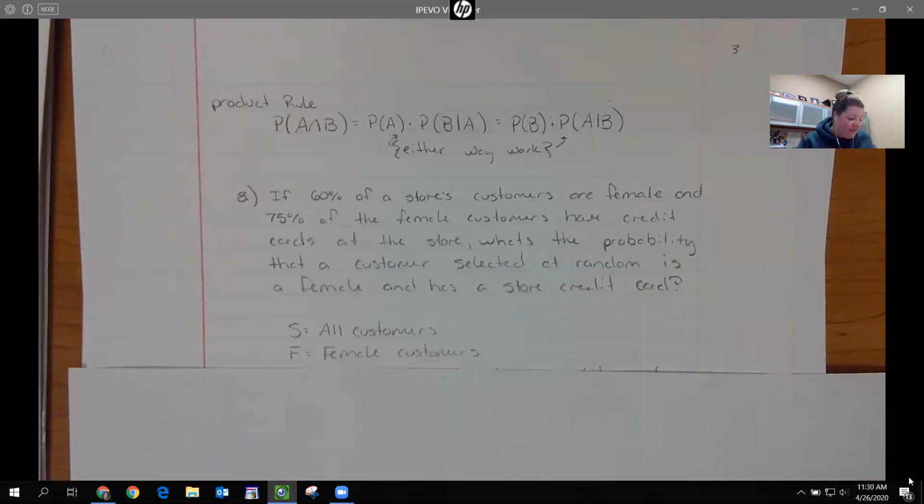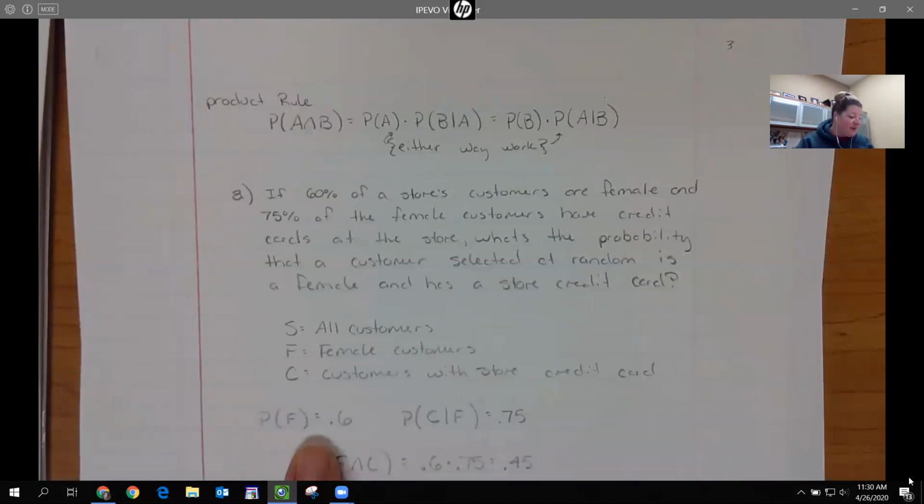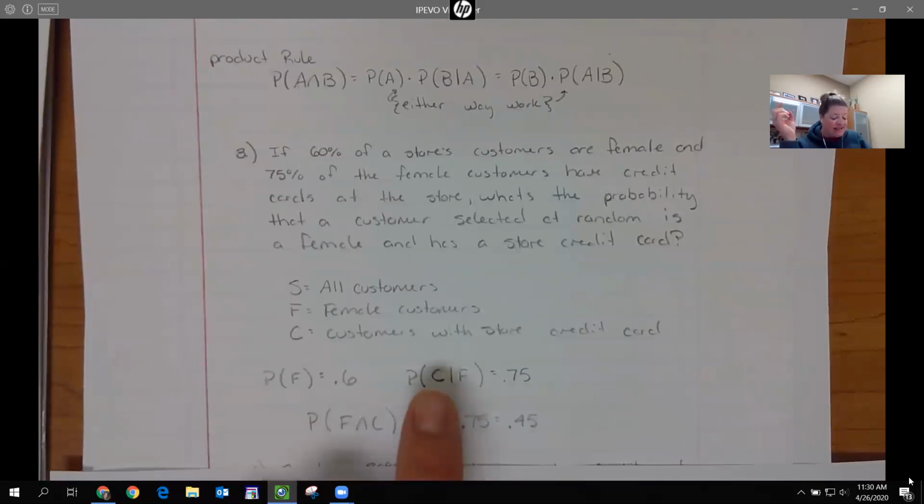So F is going to be our female customers. C will be our customers with store credit. So let's think through this. What is the probability of being a female customer? Well, it's 0.6. What is the probability of having a credit card given you're female? They gave us that, right? Oh, C is credit cards, sorry.